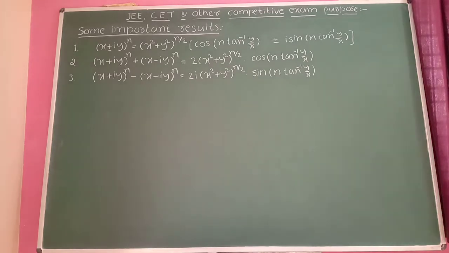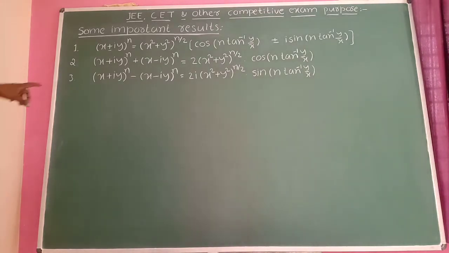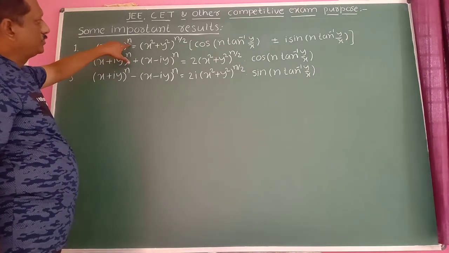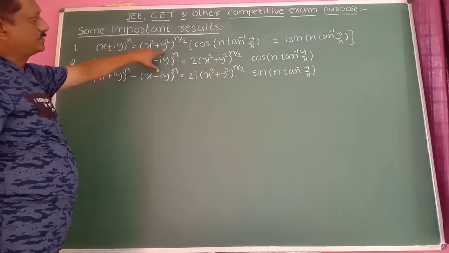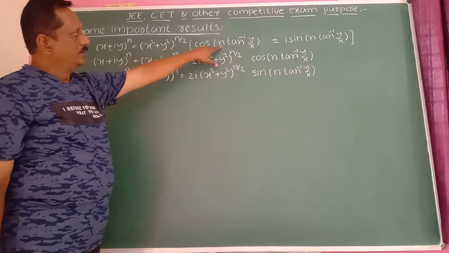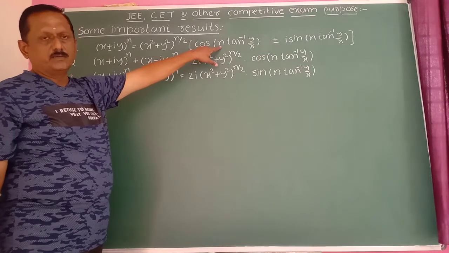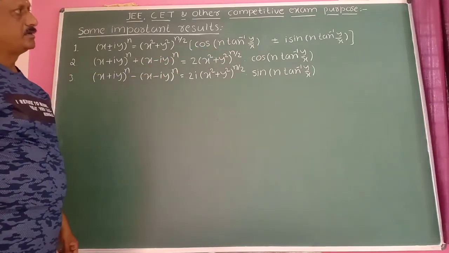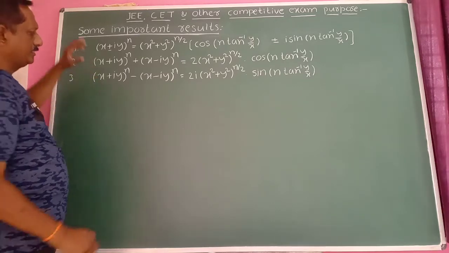So next here, (x plus or minus i y) whole raised to n is equal to (x square plus y square) raised to n upon 2 into cos of n tan inverse of y upon x plus or minus i into sin of n tan inverse of y upon x here. Just observe here.